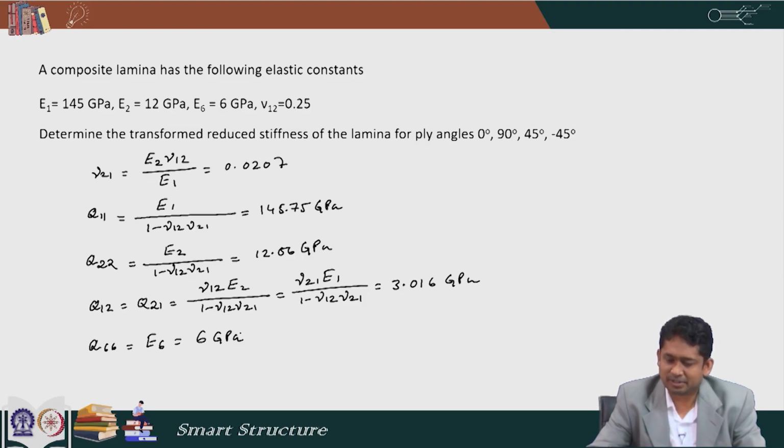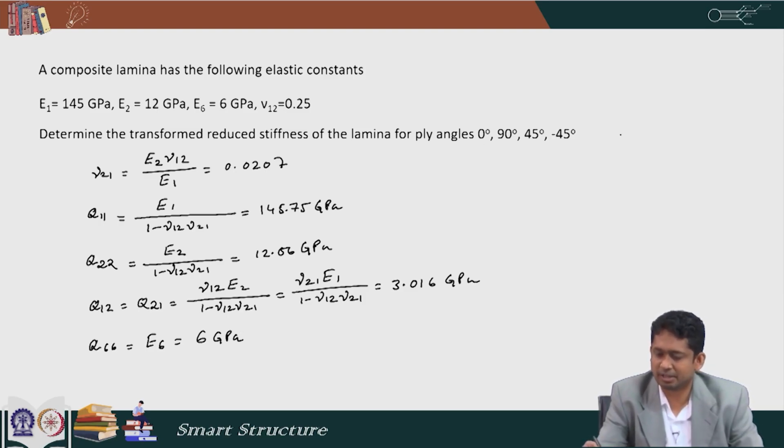Now, we have to find out this Q matrix for different fiber orientations. So, if you talk about a 0-degree ply, a 0-degree ply would look like this. So, here the fiber is oriented in the global x direction only.